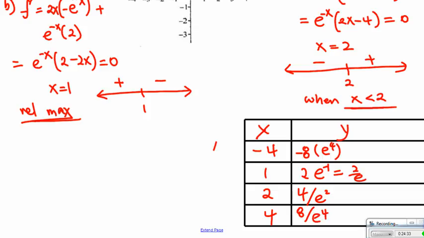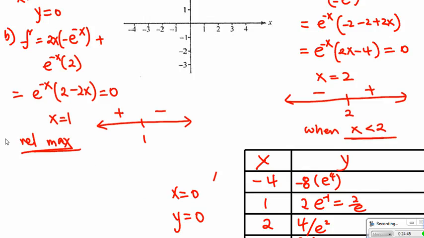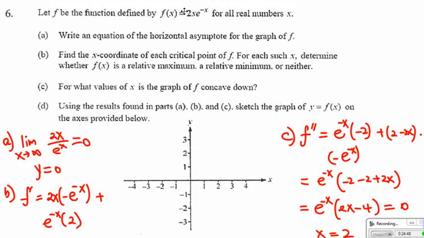Now, one simple value which we can calculate is when x equals 0. Then the y value will also be equal to 0 because of the expression.